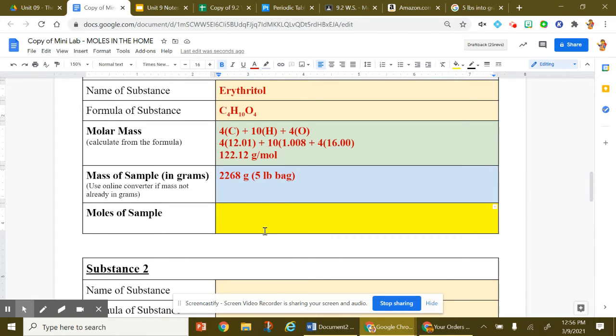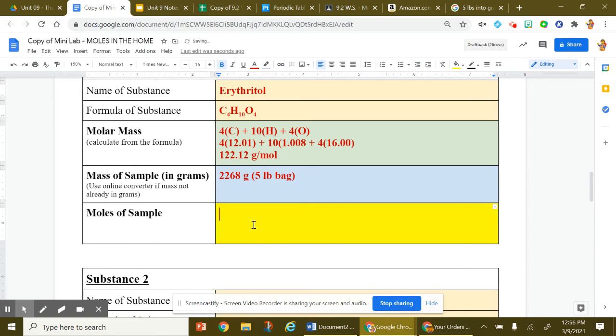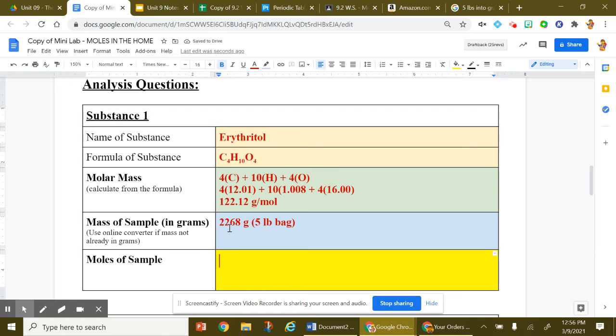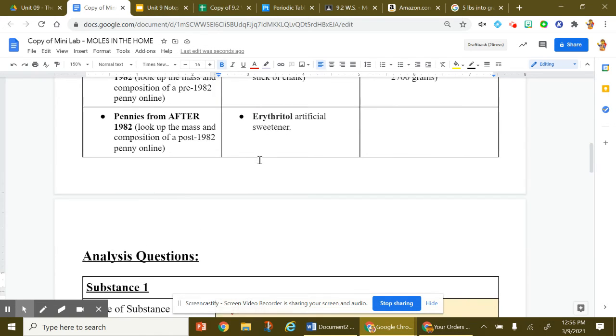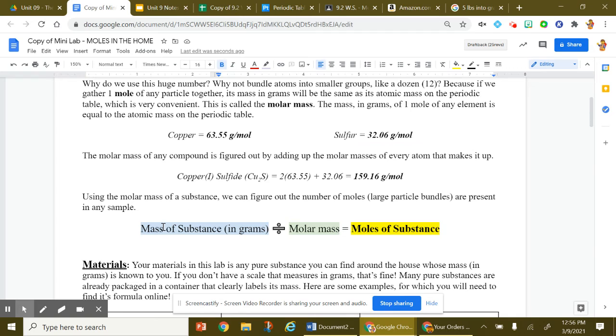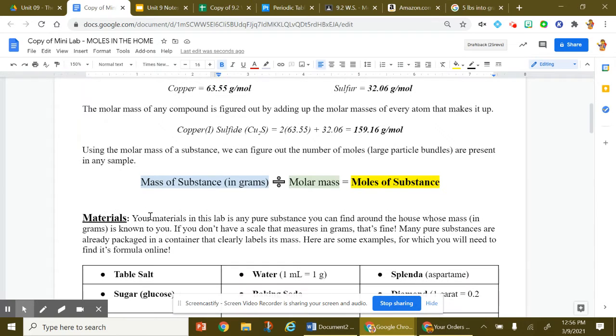Now, how many moles of erythritol do I have? For that, we harken back to our previous homework or the notes, okay? Or if you're new to this, it's actually quite simple. To figure out the moles, you take what mass you have in grams, you divide it by the molar mass, and that gets you the moles of substance.